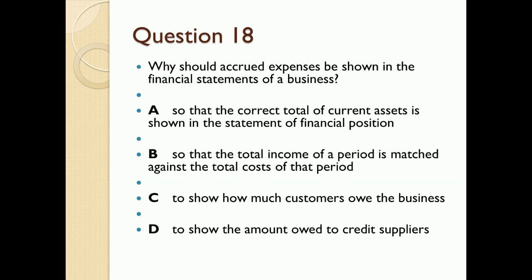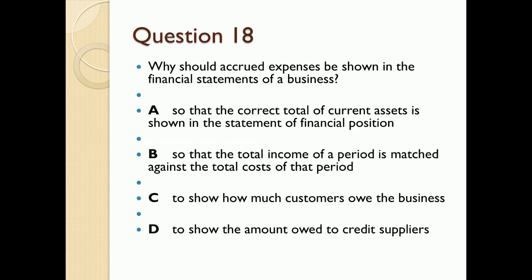Because they relate to this period, but we have not paid yet. Option A is so that the correct total of current assets is shown in the statement of financial position. By the way, accrued expenses are not our current assets, so there is no question of option A.